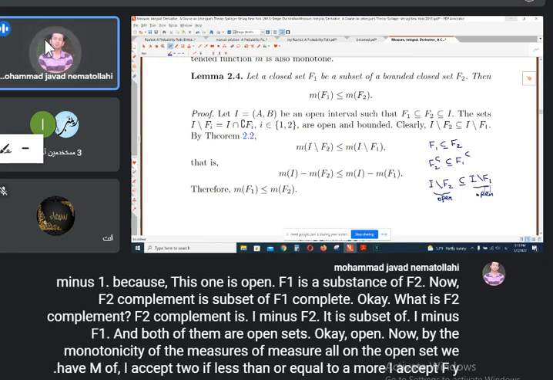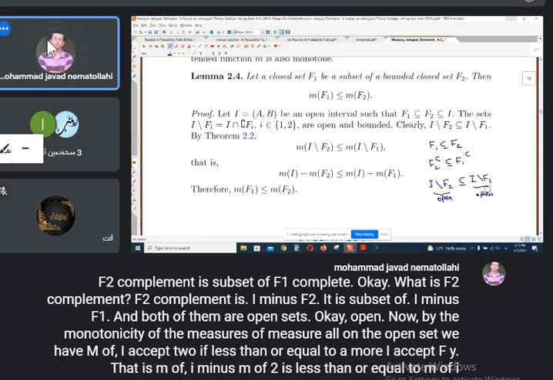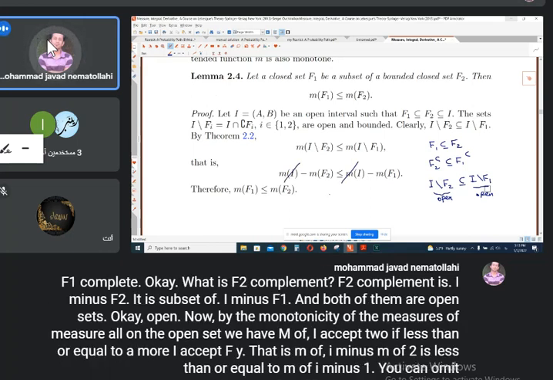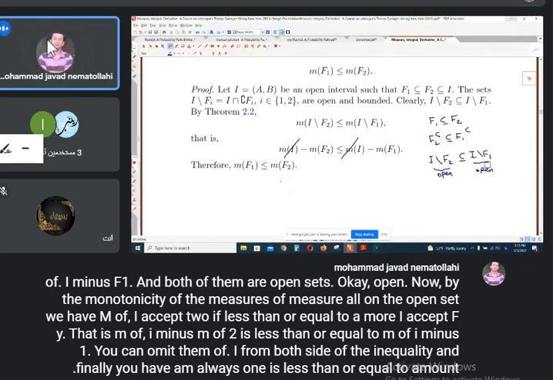That is, m of I minus m of F2 is less than or equal to m of I minus m of F1. You can omit m of I from both sides of the inequality, and finally you have m of F1 is less than or equal to m of F2.